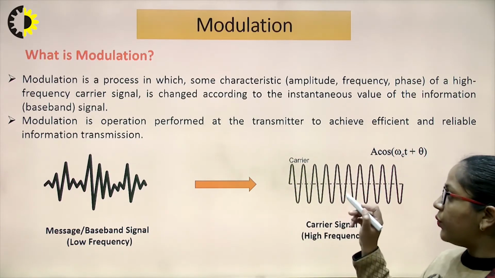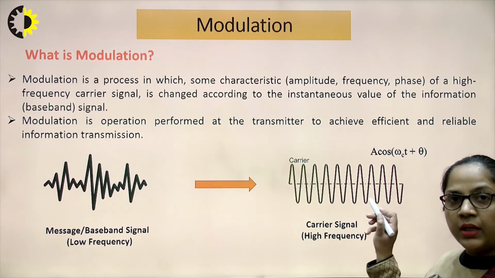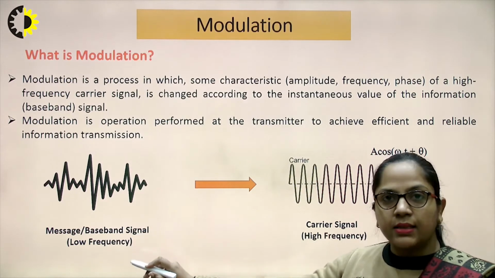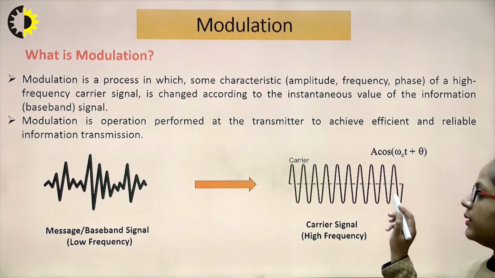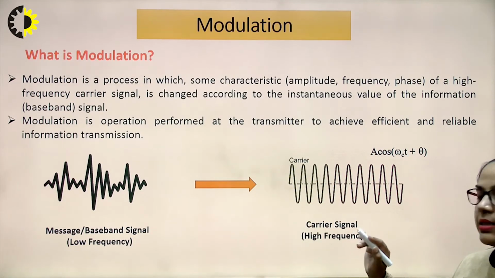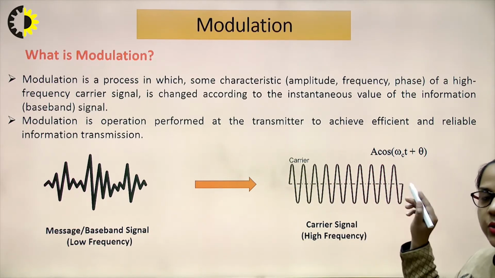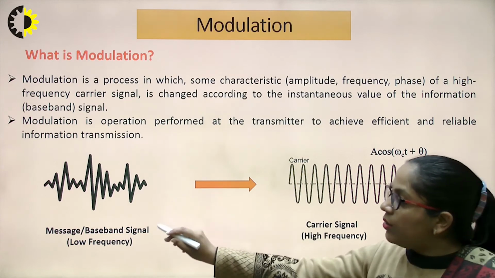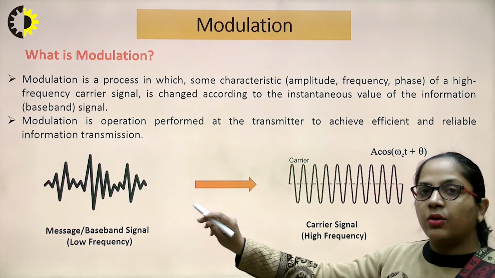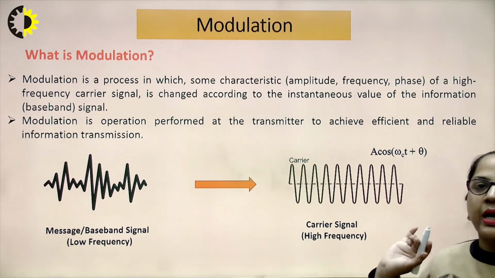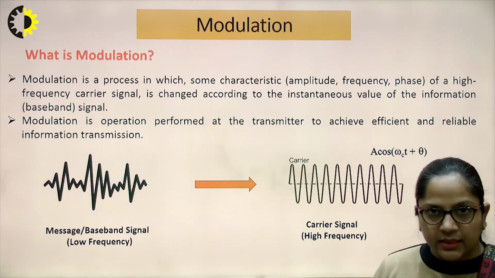It is a high frequency periodic waveform that carries this low frequency or message signal to the other end. That is why it is called a carrier signal. This high frequency periodic waveform is used to carry this low frequency message signal or baseband signal. That is why it is called a carrier signal and it is a high frequency signal.